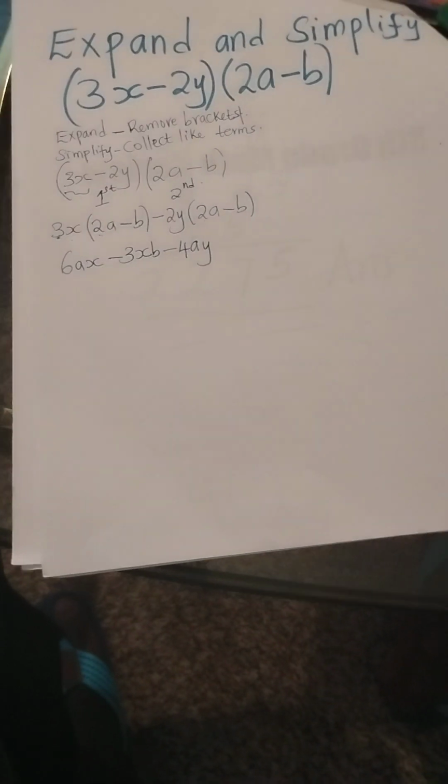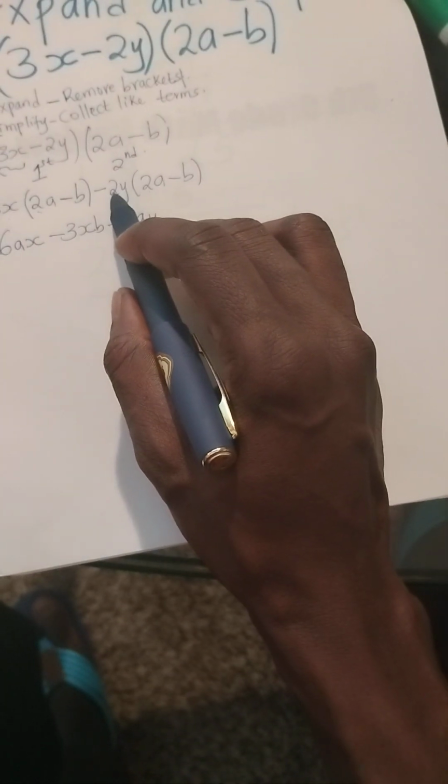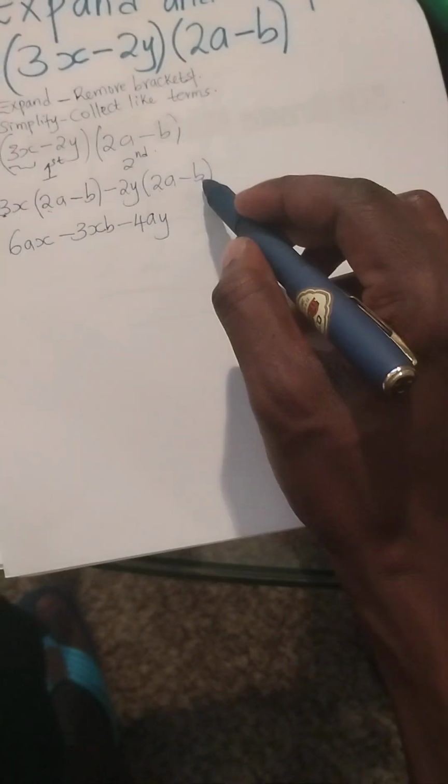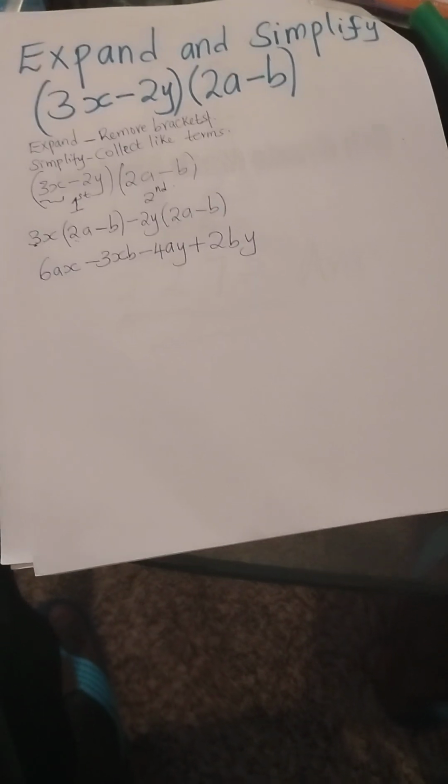We move to the second bracket. Minus 2 times 2 is minus 4ay. Then minus 2y times minus b. Negative times negative is positive, 2by.